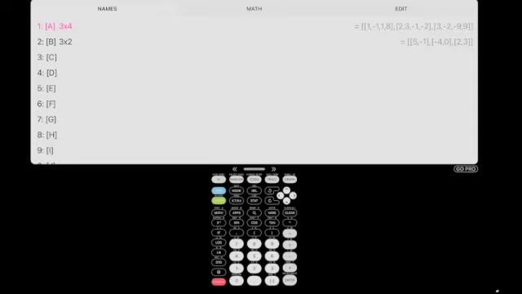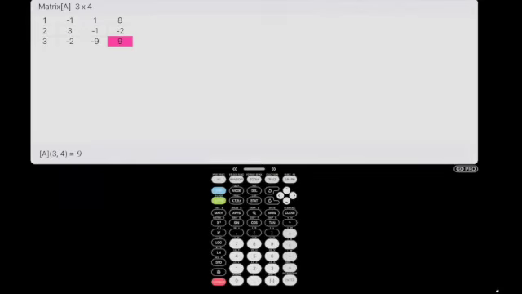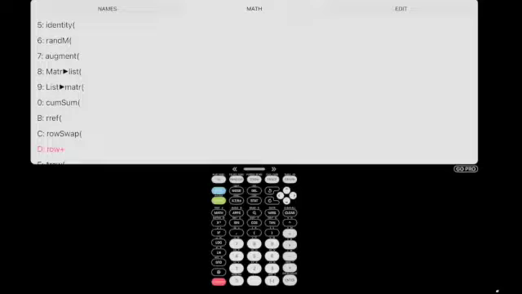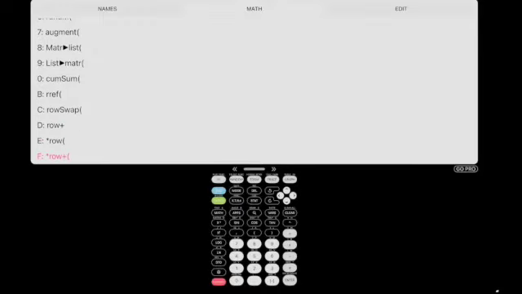Okay, get your matrix stored. Remember, you go second matrix and then over to edit if you have this kind of calculator. And I entered my matrix in there. Okay. Once your matrix is in there, you can quit out of that and go back to matrix. And we are going to go over to the math option. And you're going to look in this list. And the craziest thing is I don't see REF.